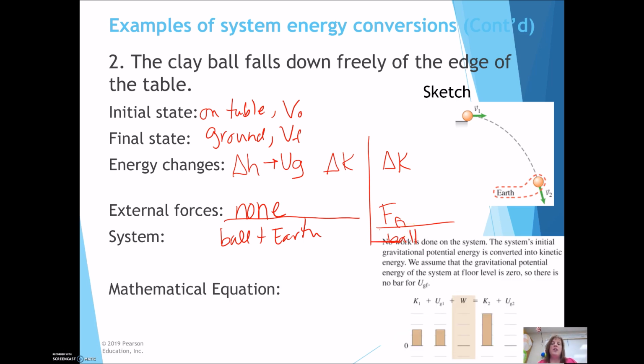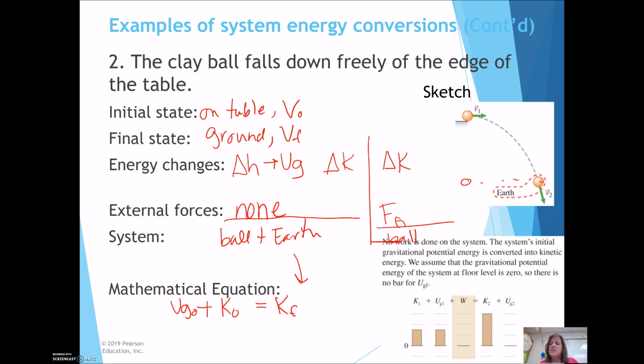Our mathematical equation, if we go with this: we have initial gravitational potential energy, we have some initial kinetic energy, and we have no work being done because I kept the Earth in the system. That's equal to my final kinetic energy, because if I call the final height 0, then it would have 0 gravitational potential energy.